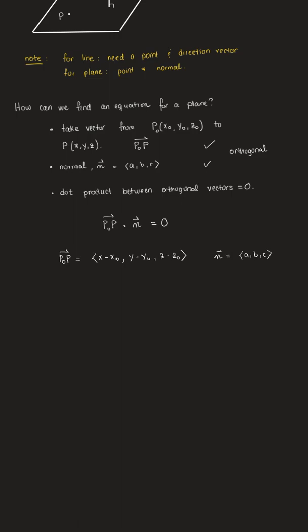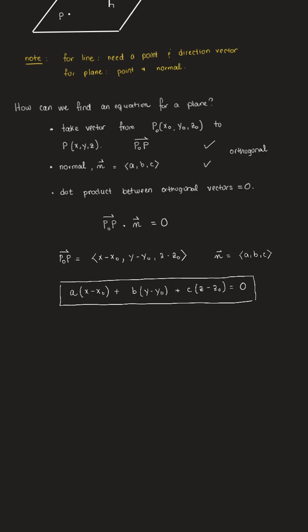So we're going to write, when I multiply A by x minus x0, so multiplying corresponding components, and then add to the other products of corresponding components, that must be equal to 0. So we have A times x minus x0 plus B times y minus y0 plus C times z minus z sub 0 equals 0. That's telling us the dot product is 0, the vector on the plane and the normal vector are orthogonal. So that's the equation of the plane.